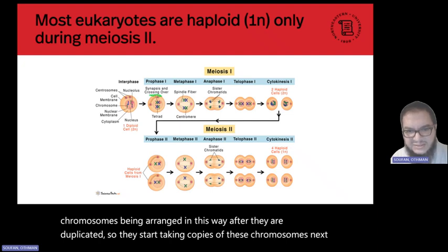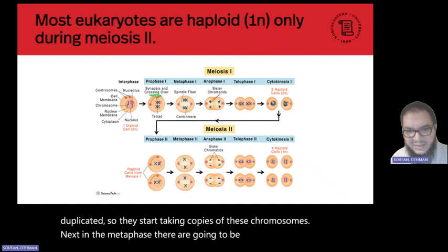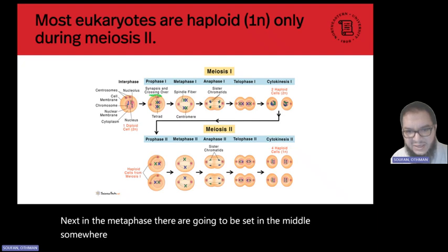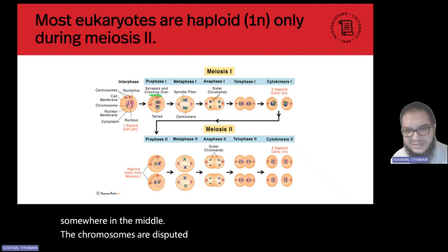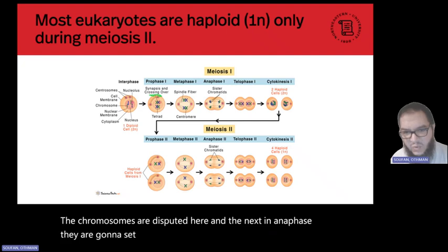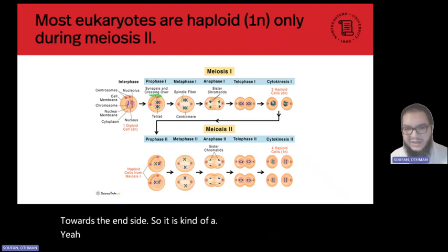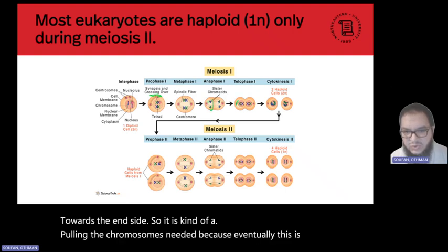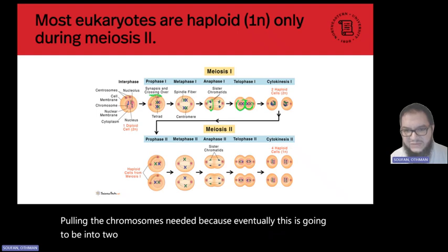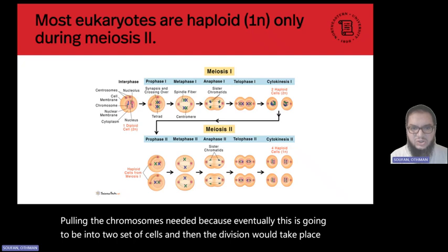Next, in the metaphase, they are going to be set somewhere in the middle. The chromosomes are distributed here, and then next in anaphase, they are going to move towards the end sides. So it is kind of pulling the chromosomes needed, because eventually this is going to be two sets of cells, and then the division would take place.